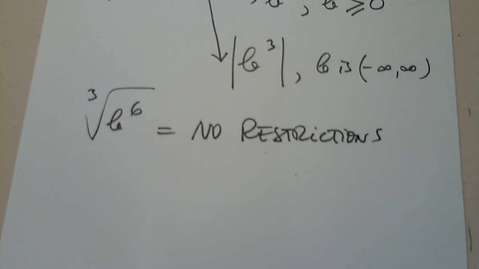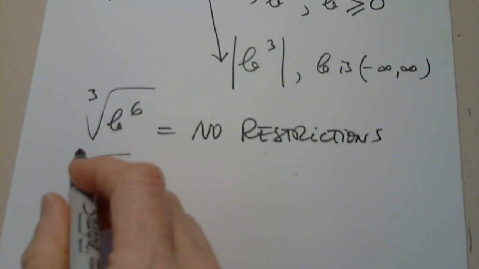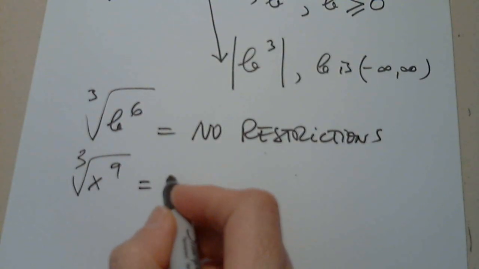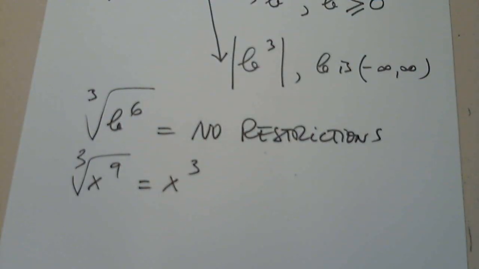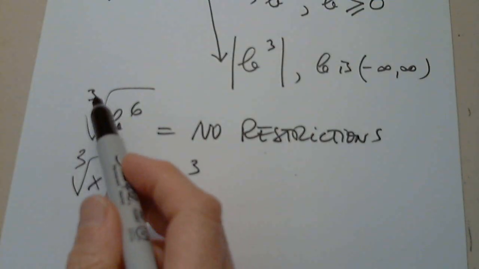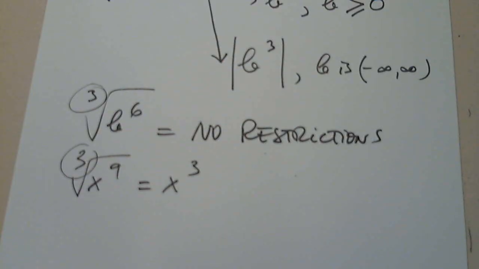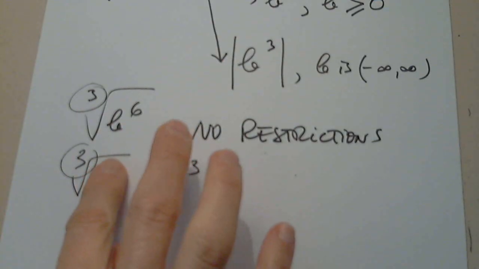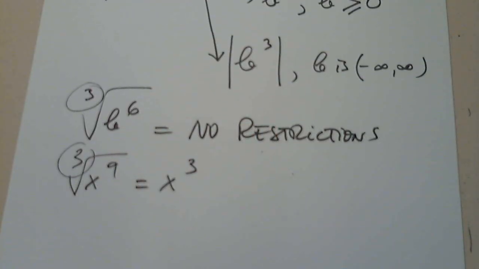Even if it was like the index 3 to the 9th, the same thing, x to the 3rd, no restrictions. Because the index is odd. Odd indices have no restrictions. No restrictions inside, no restrictions outside. The friendliest of the friendliest, like polynomials. Polynomials have no restrictions.